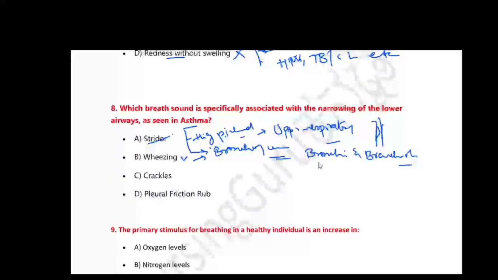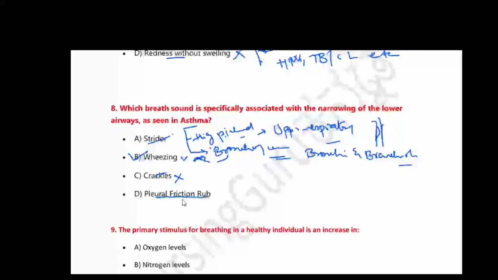Then crackles. Crackles are one type of clicking sounds. They are heard when the alveoli are suddenly opened. These types of sounds are also heard in pneumonia, in pulmonary edema, etc. This is also a wrong answer. Then pleural friction rub, as the name suggests, these sounds occur due to rubbing of pleura, that is visceral pleura and parietal pleura.